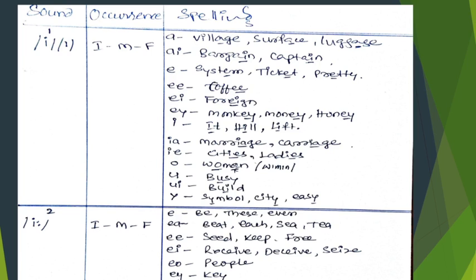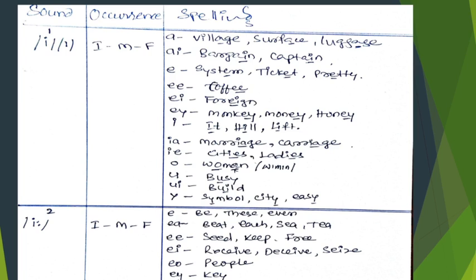So it is represented in some words with a, such as village. And in some words it is represented with ai. For example, bargain. Yeah, people used to say this one as bargain.